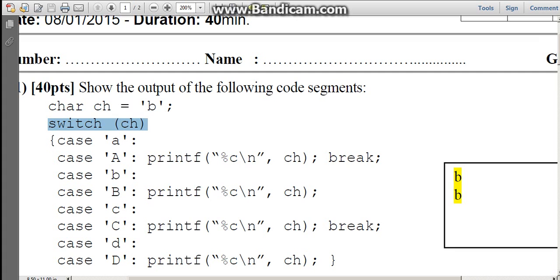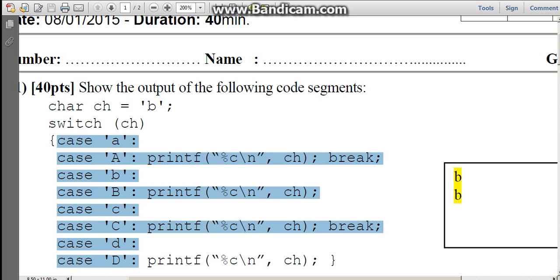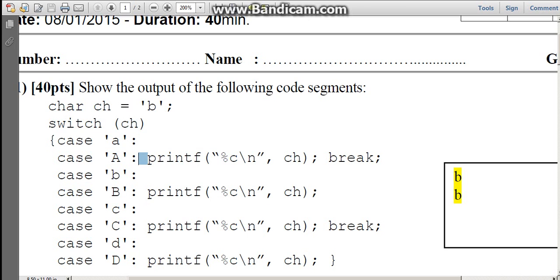Switch is about checking if ch, or b, is equal to one of these. If it is equal, then it's gonna print something or run the code after this colon. All right, so let's start.